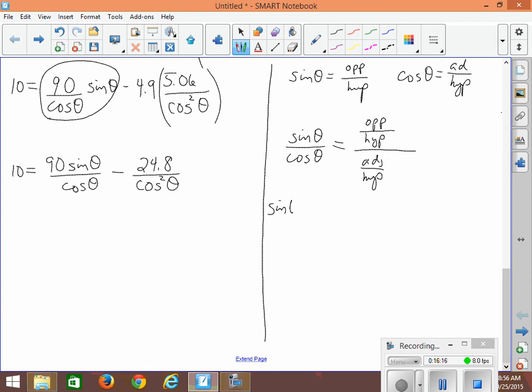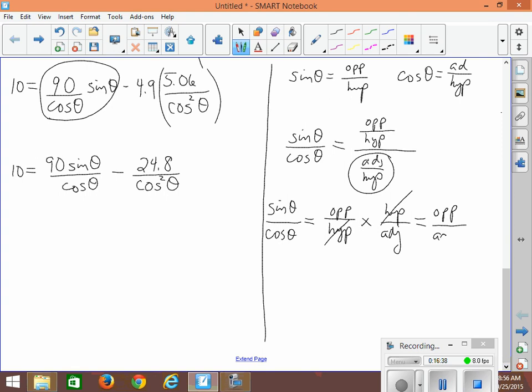And so sine theta divided by cos theta is actually equal to opposite over hypotenuse multiplied by the reciprocal of that bottom term, which is hypotenuse over adjacent. And that means that equals opposite over adjacent, which is tan theta. So sine theta divided by cos theta is the same thing as tan theta. So we can replace that over here with 90 times tan theta, which makes it a little bit simpler.